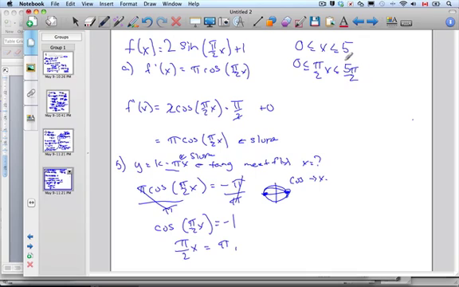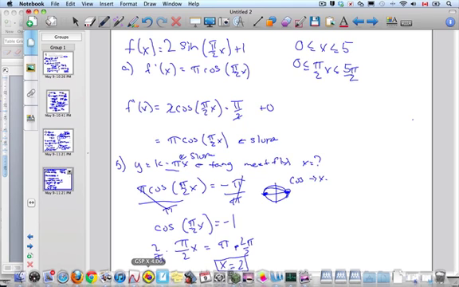Well, 3 pi is more than this, so pi is my only answer. Now I multiply by 2 over pi, and x equals 2. This is where the tangent meets f of x.